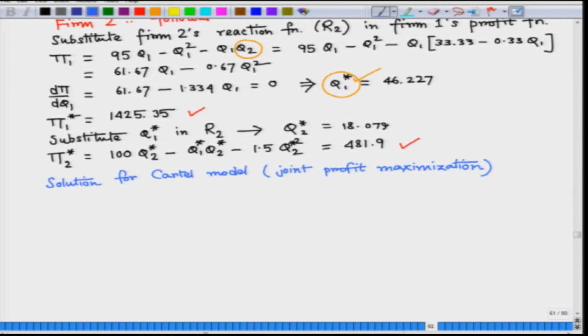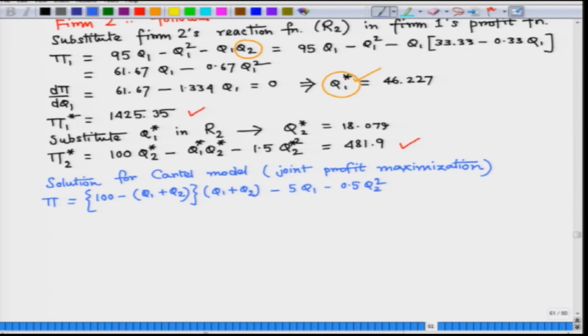So, we will first write down the joint profit equation. We write 100 minus (Q1 plus Q2), that is the demand function or price, then we multiply that with the industry supply, which is Q1 plus Q2, supply from both the duopolist firms. Then cost shall be deducted: 5 Q1 for the first firm and then 0.5 Q2 square for the second firm, right.